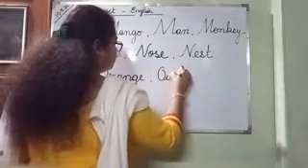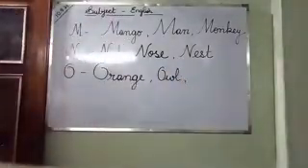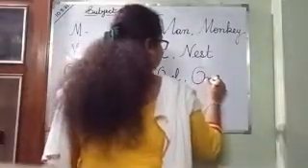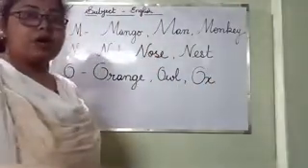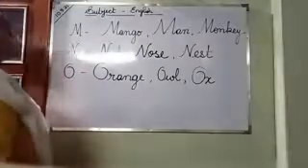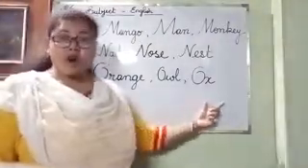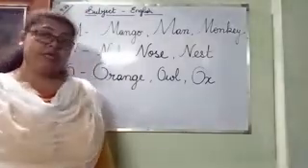O-W-L, owl. Next, O-X, ox. Okay? So, orange, owl, ox, and many other things. If you know, you can write.